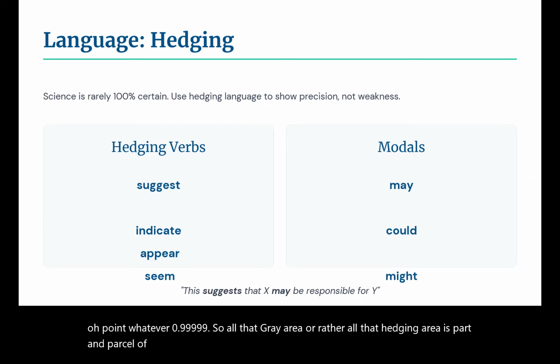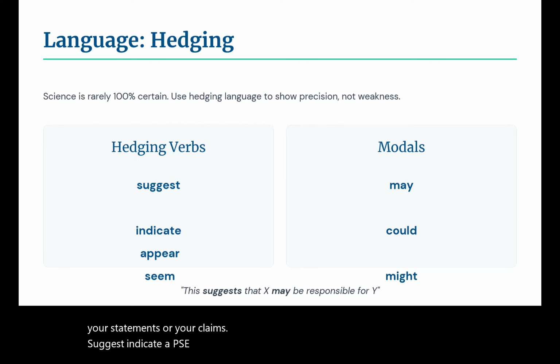You see, there are certain verbs that help you hedge your statements or your claims. Suggest, indicate, appear, seem. Without daring to tell A is B, you say A suggests signs of B, right?